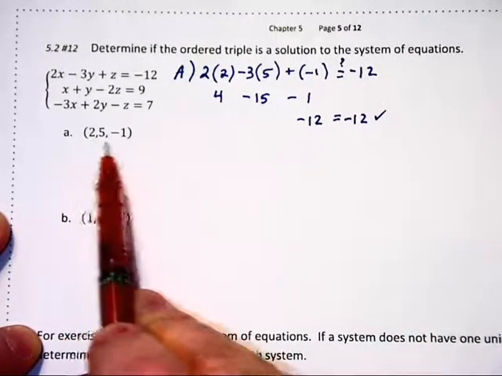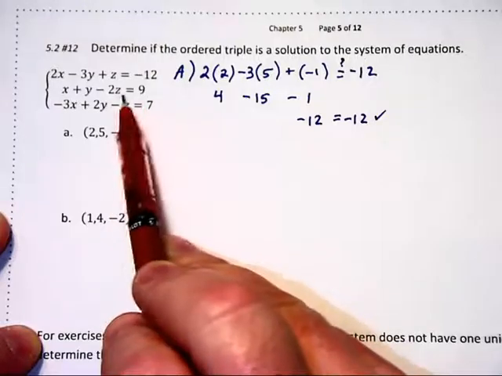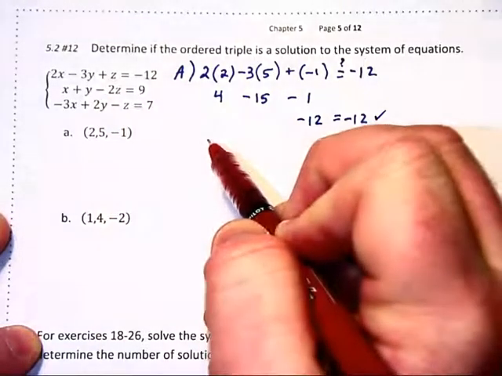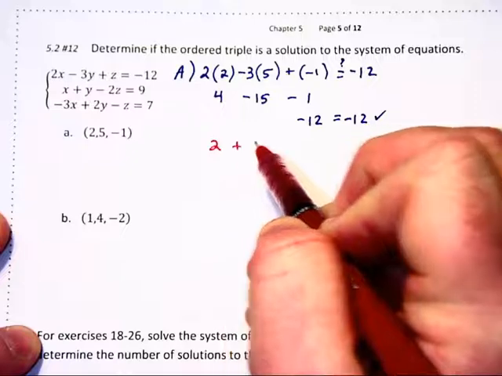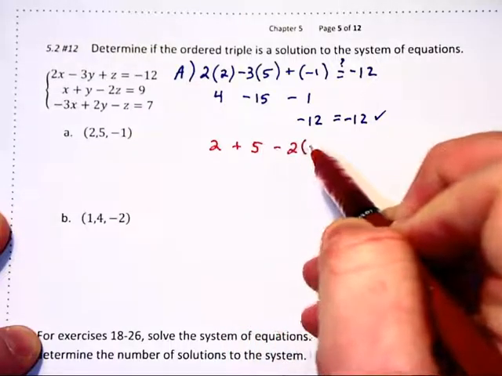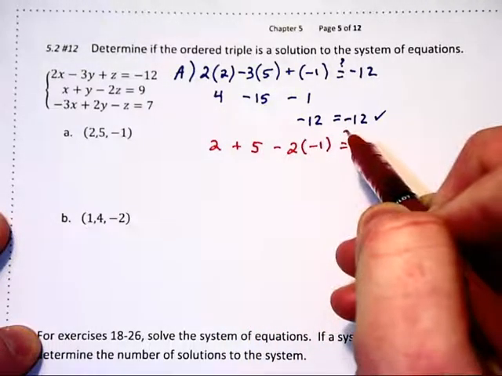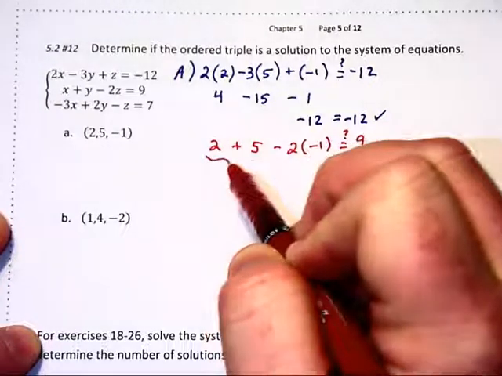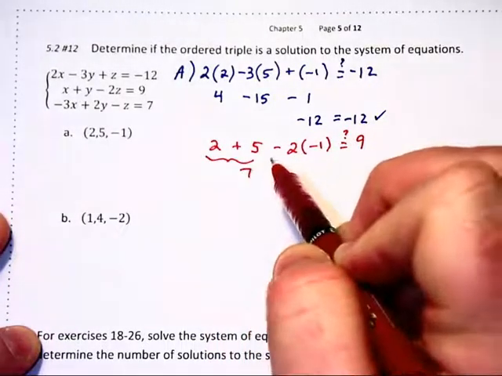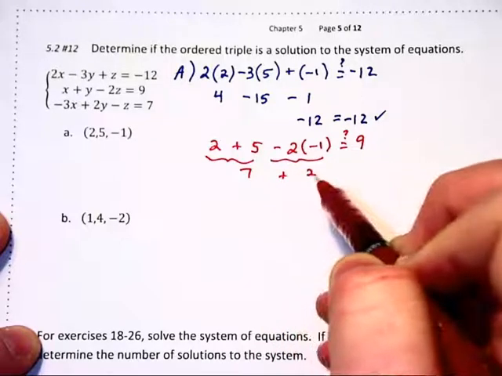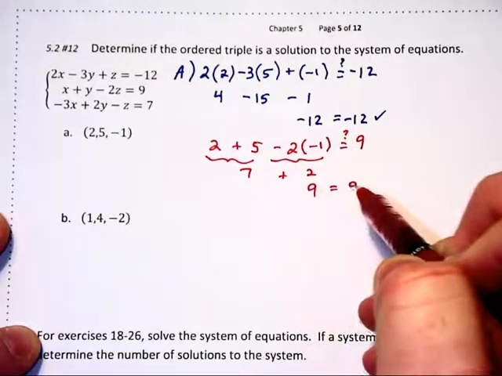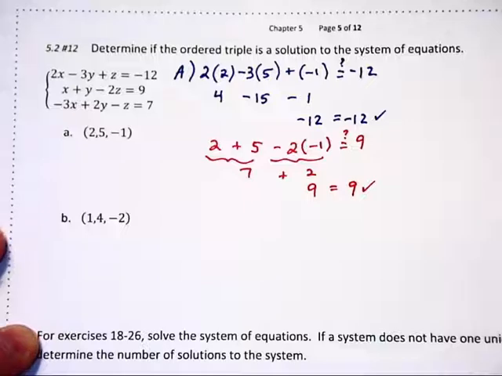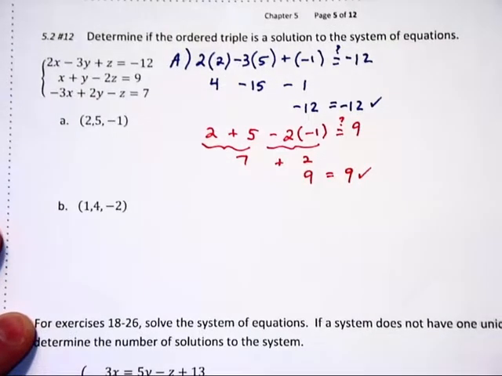Now we need to take the (2, 5, -1) and substitute it into the second equation. We would have 2 plus 5 minus 2 times -1. Is that equal to 9? Well, 2 plus 5 is 7. This will become plus 2, and so yes, we do have 9 equals 9, and it works in the second equation.